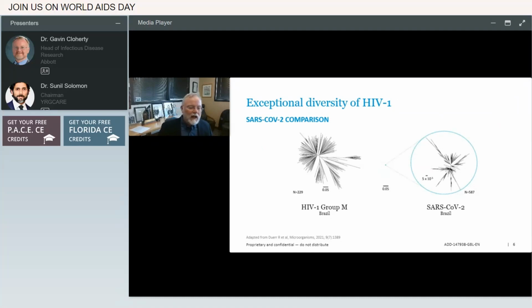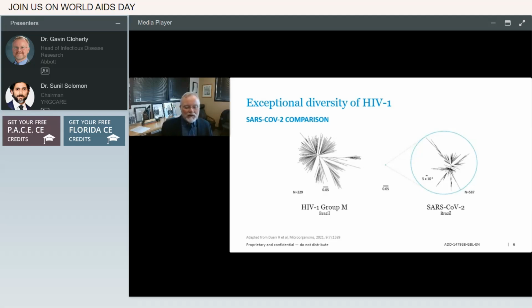In this slide, we see the level of genetic diversity of HIV compared to SARS-CoV-2. We're all very familiar with SARS-CoV-2 coming out of the last pandemic, and you can see the very minuscule amount of diversity in SARS-CoV-2 when compared to HIV.